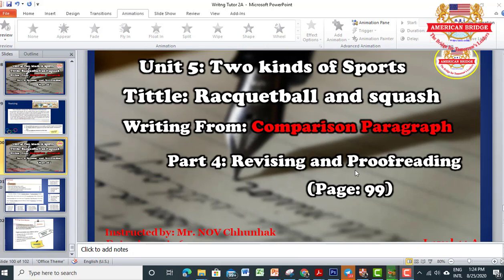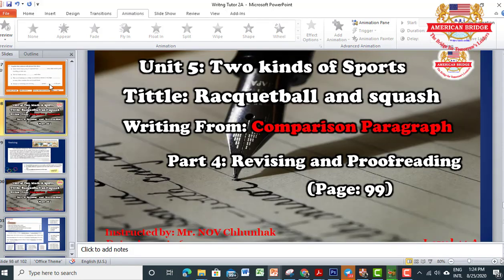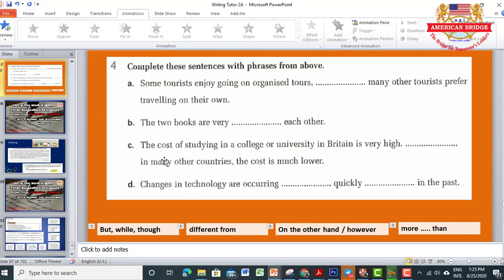We are also going to double check the meaning of the comparison paragraph after we end our Unit 5 today, two kinds of sport. As you learned yesterday about racquetball and squash, you have learned the signal words so far.